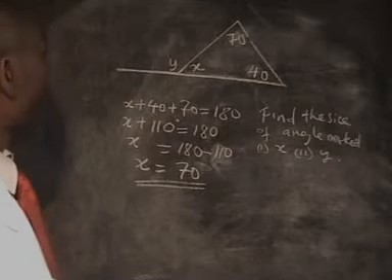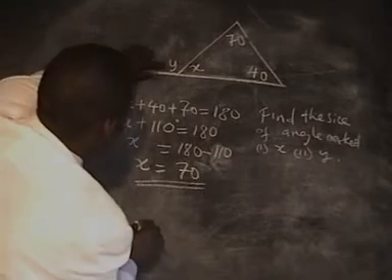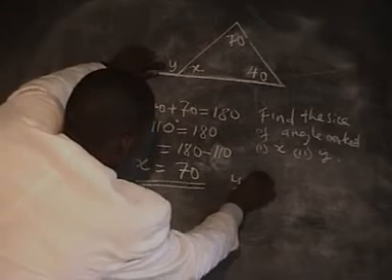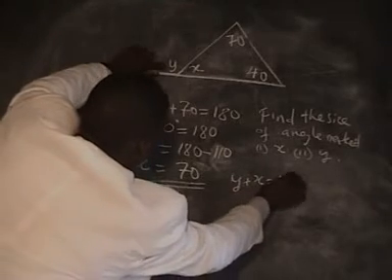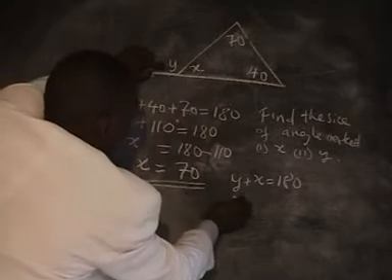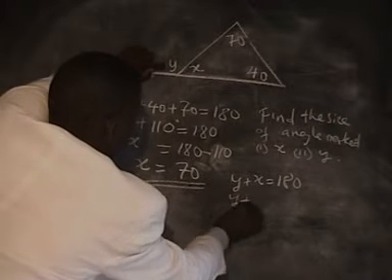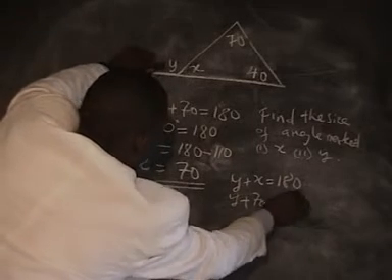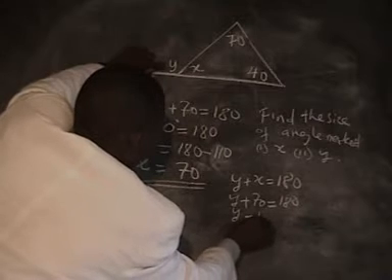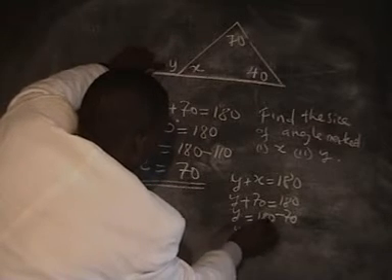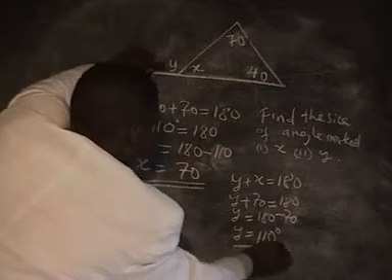So for a straight line, Y plus X is equal to 180. Y plus 70 is equal to 180, and Y is equal to 180 minus 70, so Y is going to be 110.